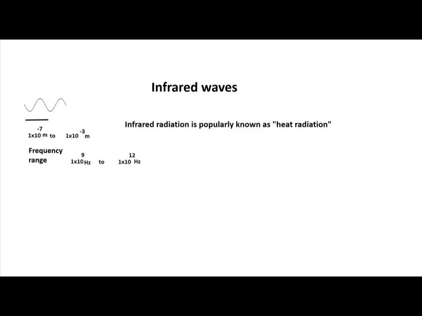So you can see that this is a very high frequency. And if you can also recall, the higher the frequency, the greater the energy. So if you take a look at this here, this would represent a radio wave.